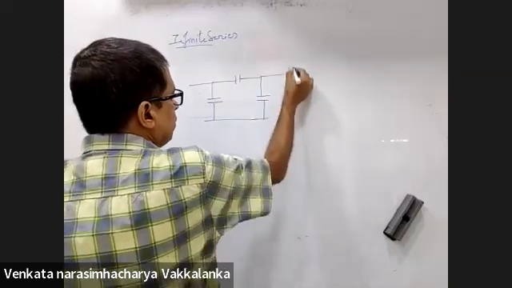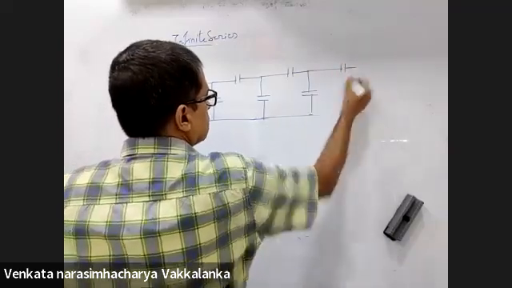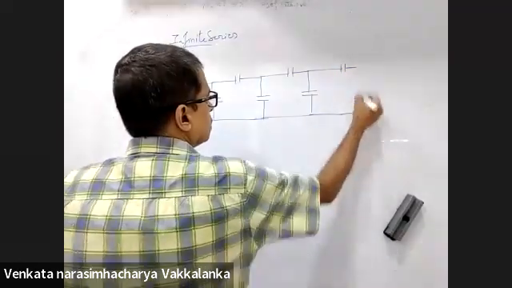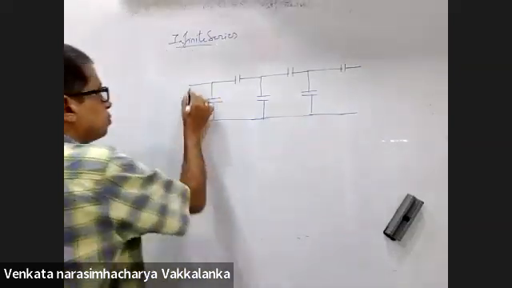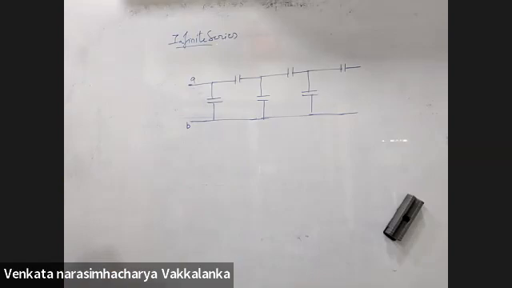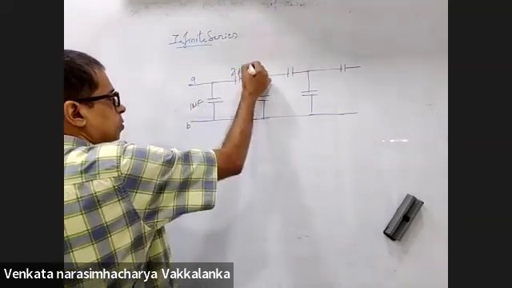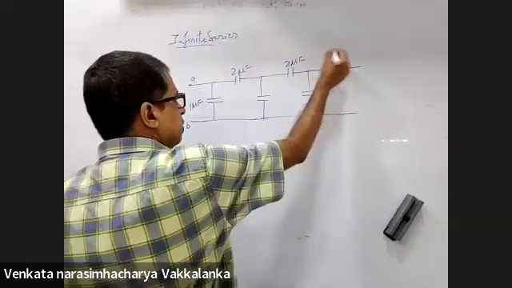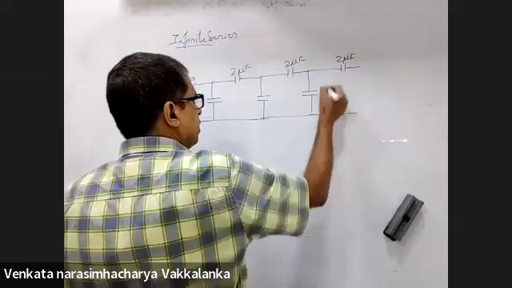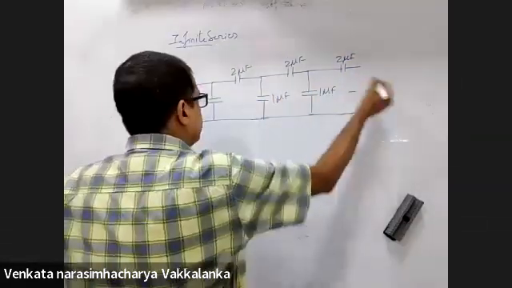Recognize the building blocks. That's the key catch. So on. I want the equivalent capacitance across AB. 1 microfarad, 2 microfarad, 2 microfarad, 2 microfarad, 1 microfarad, 1 microfarad.